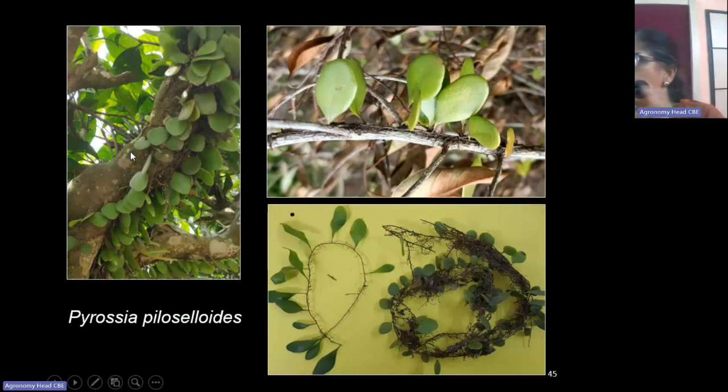And we have reported more than 10 hosts for this epiphytic fern, and till now the exact mechanism of parasitism is not revealed, even in international literature, because though it is epiphytic, it is hemiparasitic. And the major spice crop of Kerala, nutmeg, is infested with this.